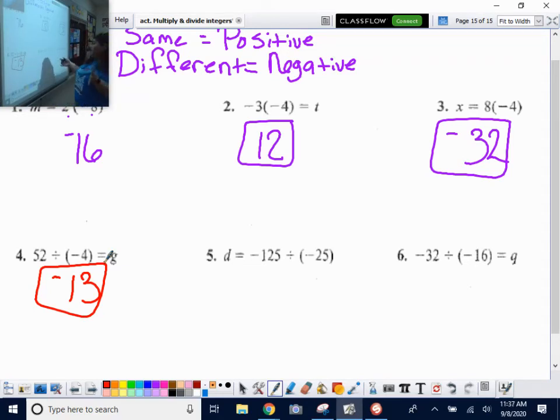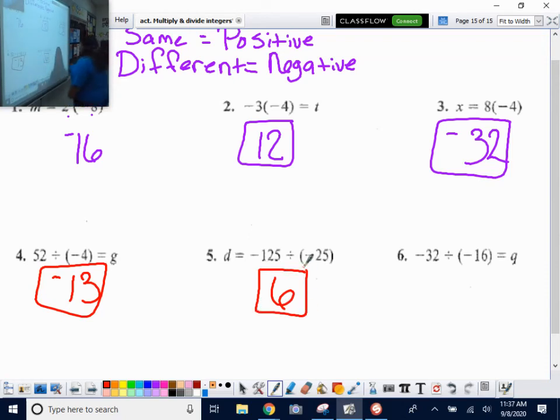Oh, that's a negative, sorry. Negative 125 divided by negative 25. So divide like normal. So that should give you 6, right? And then look at your signs. Are your signs the same or different? They're the same. So it's going to stay positive 6.